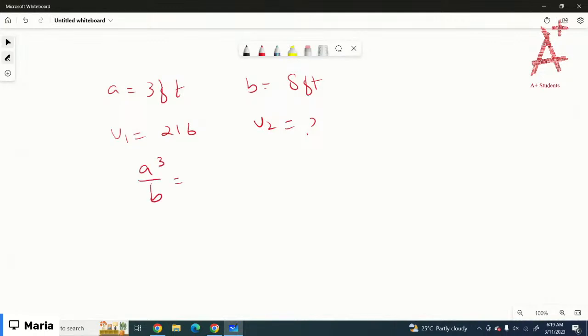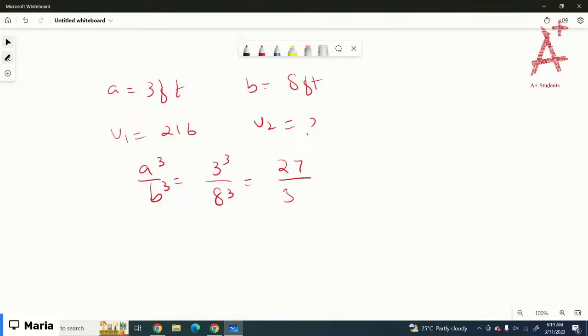Let's just calculate the cube of the corresponding sides. So it would be 3 cubed divided by 8 cubed. 3 times 3 is 9, and 9 times 3 is 27. 8 times 8 is 64, and 64 times 8 is 512.